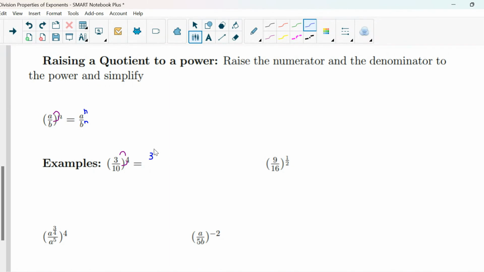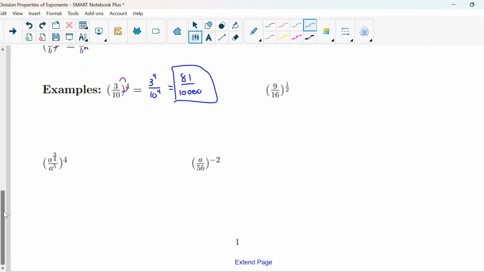So this is the same as saying 3 to the fourth power over 10 to the fourth power. 3 to the fourth power gives me 81. 10 to the fourth power gives me 10,000. And we don't need to simplify that one. I'm going to save the right side for class. So let's just do the left side as well.